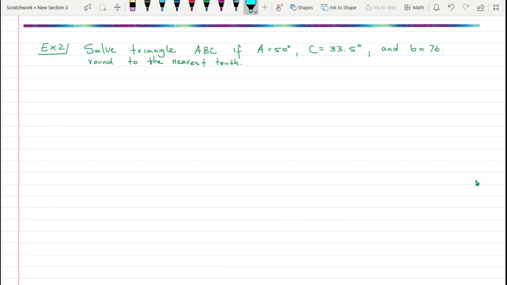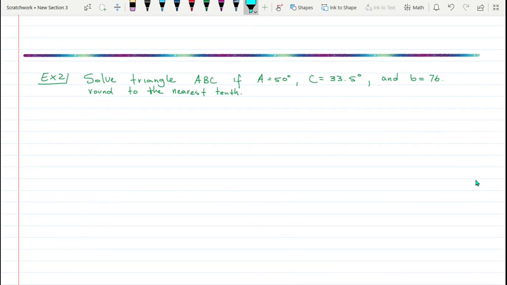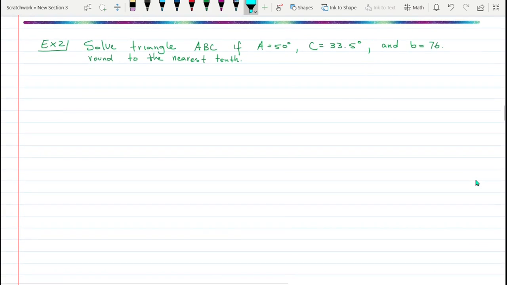Now let's solve the following. You are given angle A is 50 degrees, angle C is 33.5, and B is equal to 76. Okay, and we're told to round to the nearest tenth.